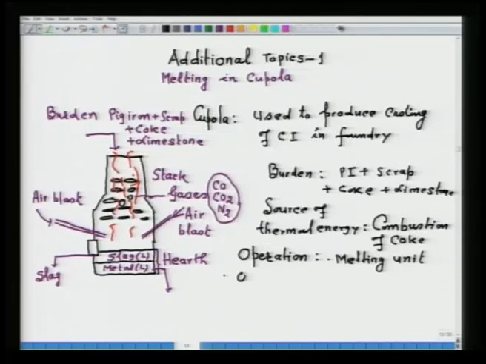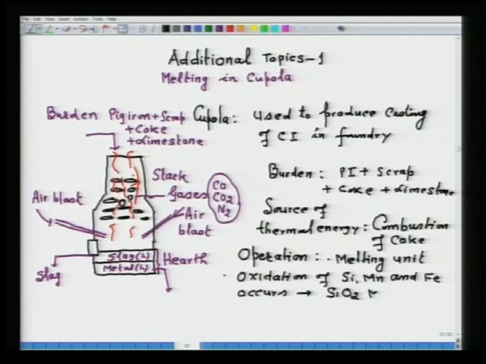So, during the operation, point number 2, some oxidation of silicon, manganese and iron occurs, and as a result you get SiO2, MnO and FeO. Carbon may also oxidize.